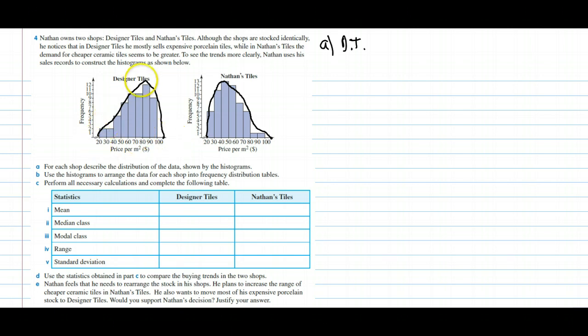Okay, the best way to describe this would be it's skewed, and it's skewed over to the positive side or to the higher end, but counterintuitively that's called a negatively skewed data set, or a negatively skewed distribution. So that one's negatively skewed. Nathan's Tiles is skewed in the opposite direction, so it's positively skewed.